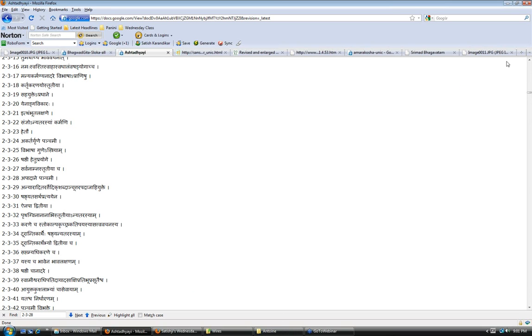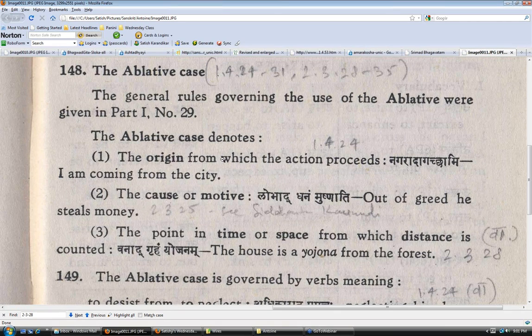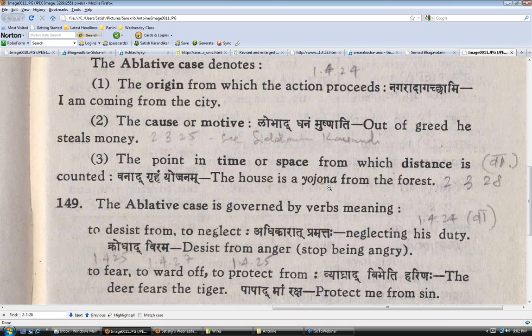Everything in the book that you will see, the homework for you is to try to connect what is said in the book with these rules. For example, it says origin from the action, nagarad agacchami. This is the apadana, I mean dhruvam apaye apadanam. Then try to connect these various things that he has given. Also take 2.3.25, by the way.